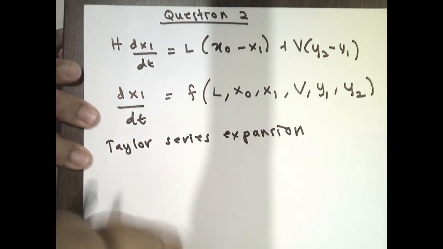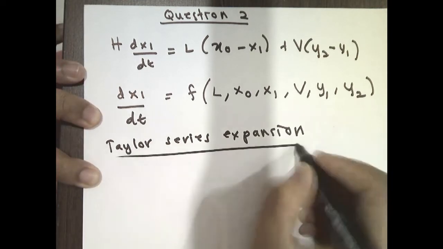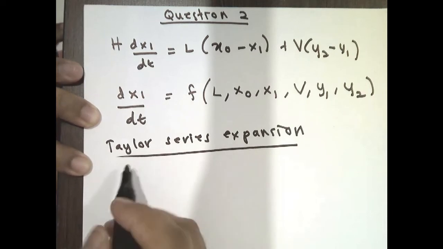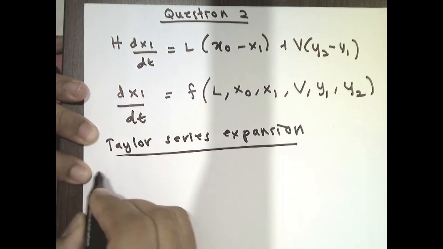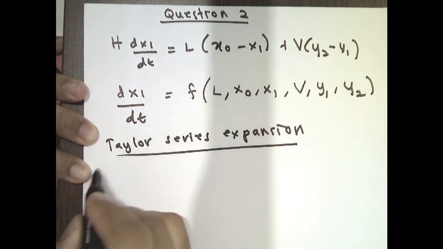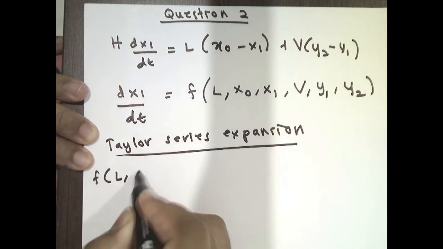So how do we do this Taylor series expansion? Please refer to your notes if you still do not remember. Basically, just take this F and list again.